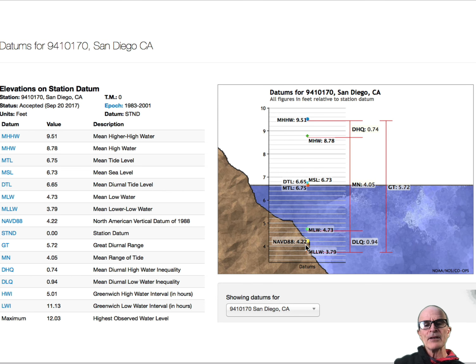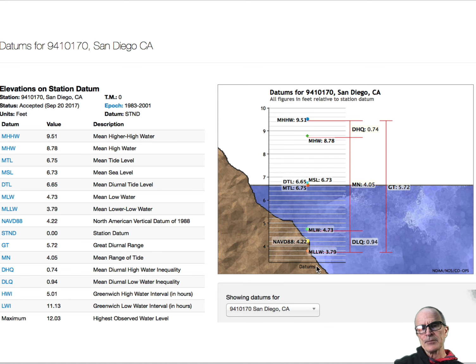And so if you have any of your data that's relative to a datum, you have to then calculate what's the offset. Right? In this case, this is at 4.22 relative to the local datum, and mean sea level is at 6.73. So my zero here is different by 2 feet.